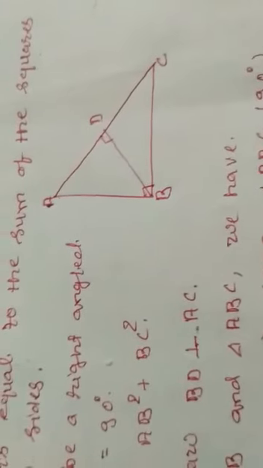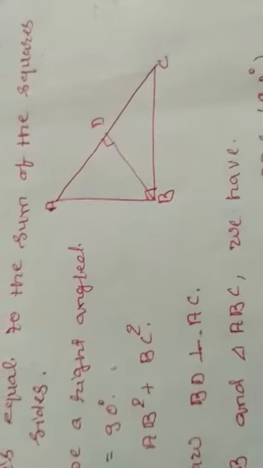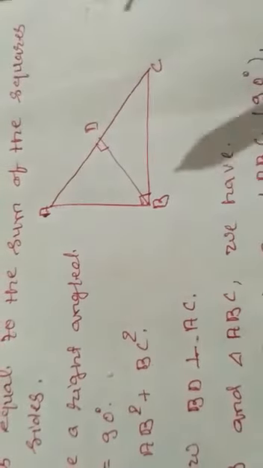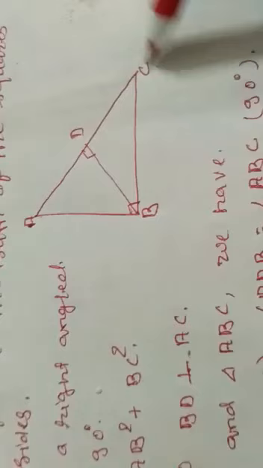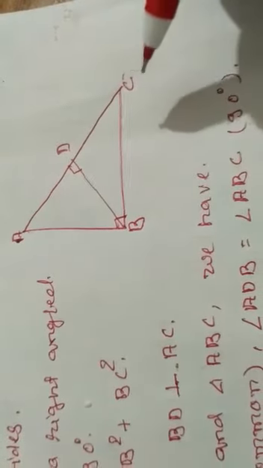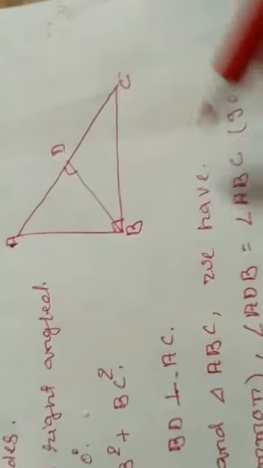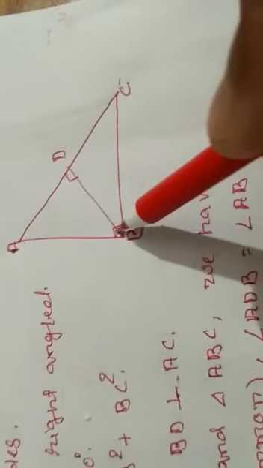Now students, understand this statement with a figure. Suppose this is a right angle triangle. A right angle triangle is one in which one angle is 90 degrees.